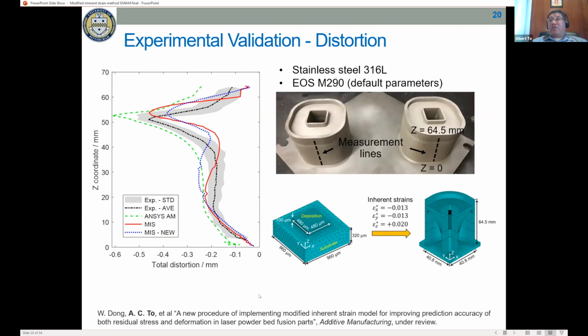We also measured distortion on the center line on the side of these 2 printed canonical parts. I apologize, I wasn't showing the 3D model in the previous slide, but now you can see what I'm talking about for this canonical part.